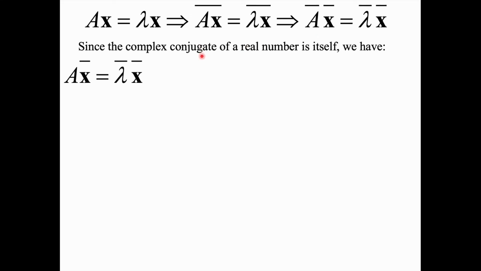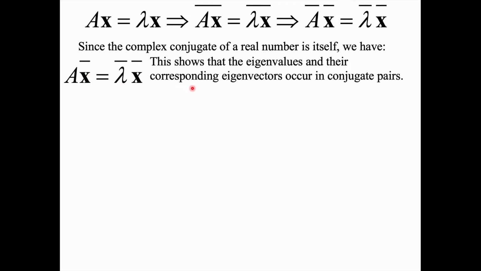So A bar is just matrix A. So A times x bar, the conjugate of the vector x, equals lambda bar times x bar. Therefore, for matrix A, we also have an eigenvector x bar associated with the eigenvalue lambda bar. So this shows that the eigenvalues and their corresponding eigenvectors occur in conjugate pairs. So that's what we're going to expect to see as we proceed.